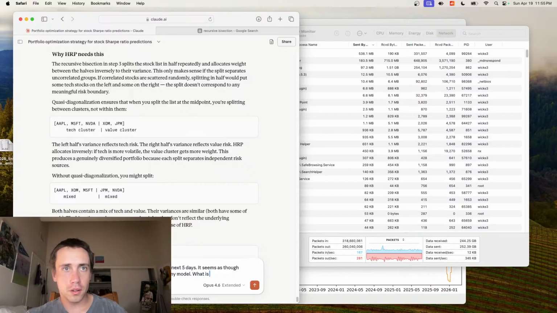What is the best practice for incorporating an ML model which predicts Sharpe ratios into the HRP portfolio strategy?